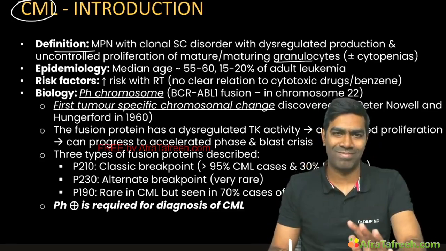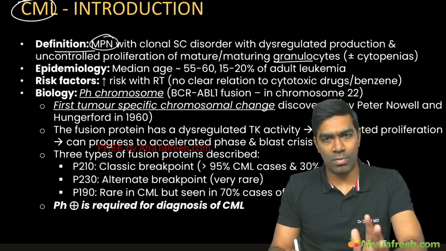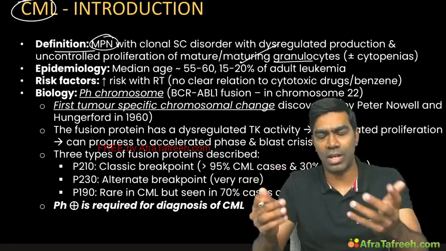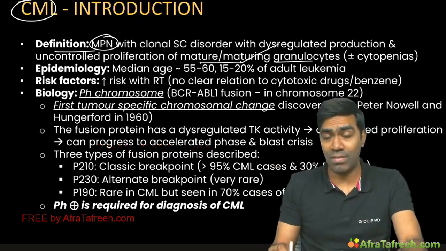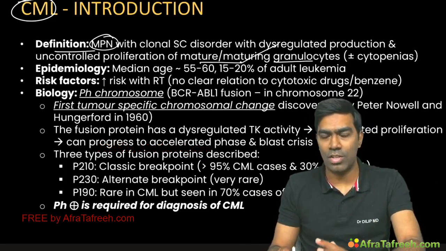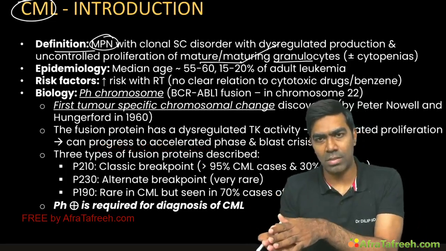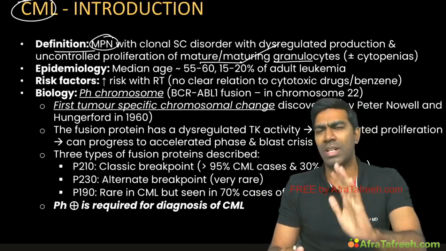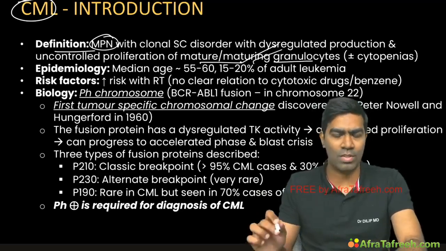That's it. So basically it's a myeloproliferative neoplasm where you're going to have uncontrolled proliferation of mature as well as maturing granulocytes. But you won't have that much of a differentiation block or defective maturation. So you might see some blasts, but they cannot be more than 20%. It will be less than 20%. In most cases, it's going to be less than 5%, especially in the chronic phase of CML.